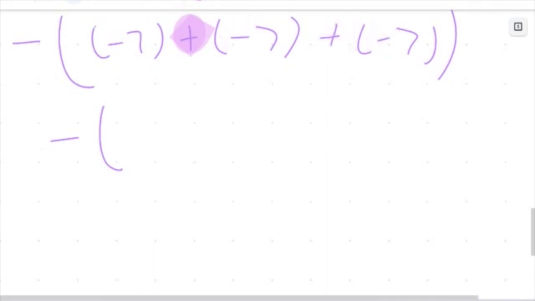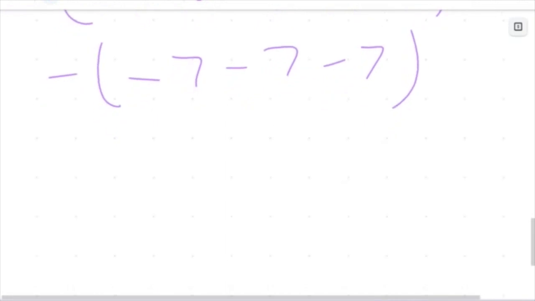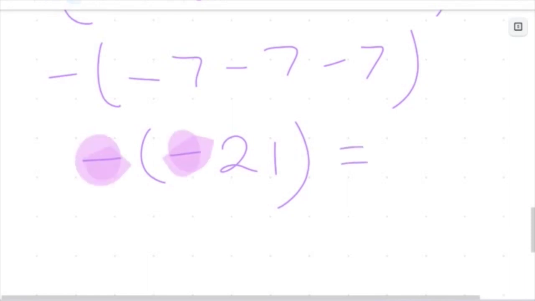And we remember from our last video and the previous examples, I can rewrite this as minus 7 minus 7 minus 7. Now here, when I subtract 7 from negative 7, and then I minus another 7 from that, I'm going to wind up with minus 21. And I have a double negative here. So my answer is going to be positive 21.